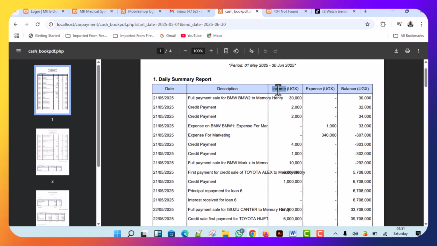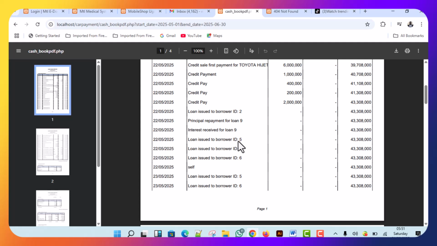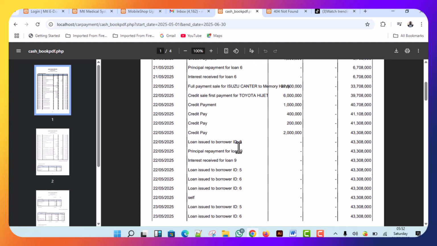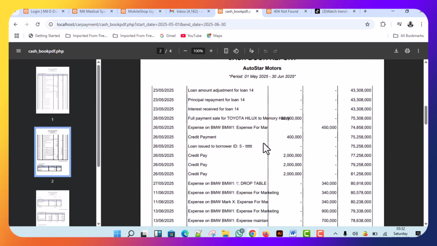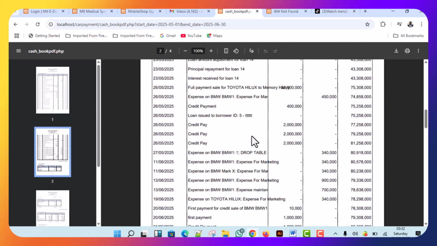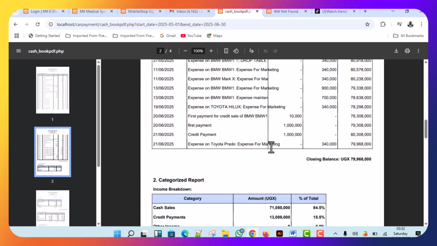You can see it comes under income. Credit payment means money is coming in. Then an expense comes in as an expense, like the expense on marketing. Credit purchase, credit payment, all that is income. These are all transactions, including the loan coming in.